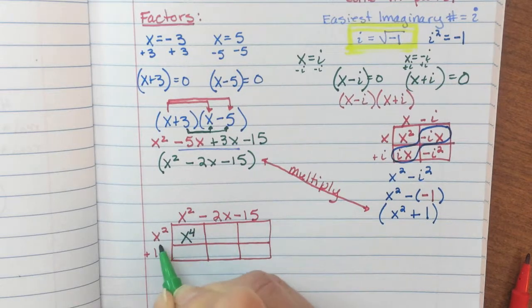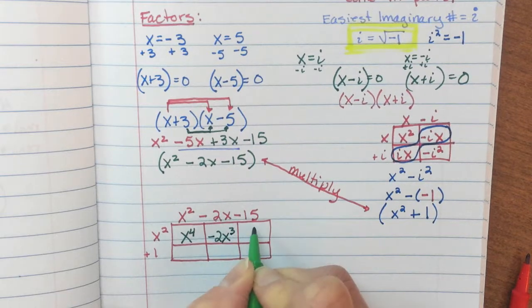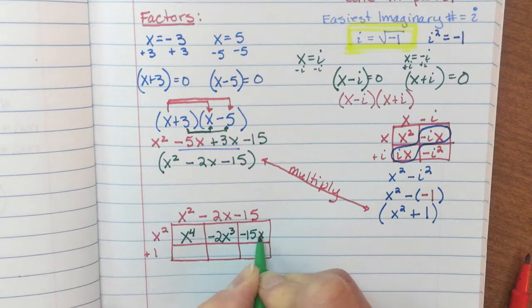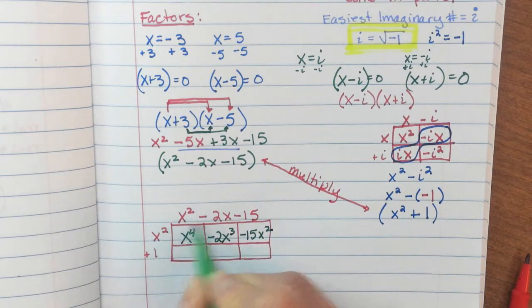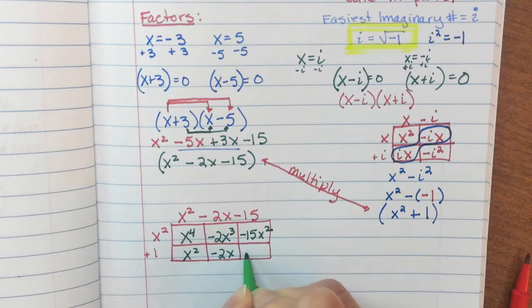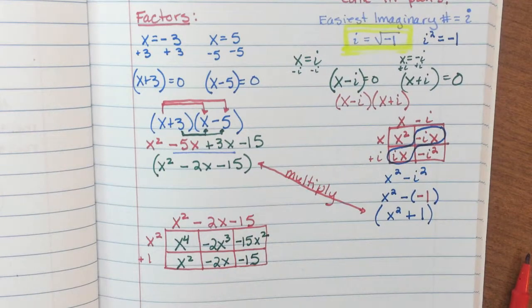Negative 2x times x squared is negative 2x cubed. Negative 15 times x squared is negative 15x squared. And then all this gets multiplied by 1, so it keeps its identity. Let's look on the diagonal for like terms.